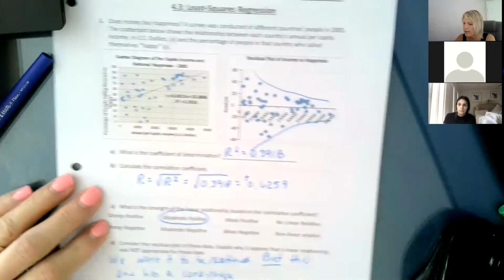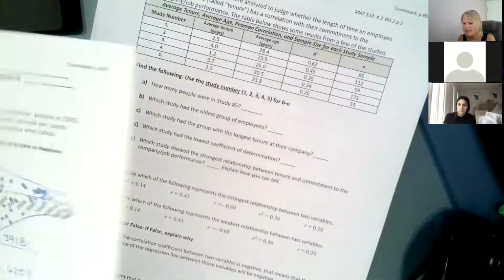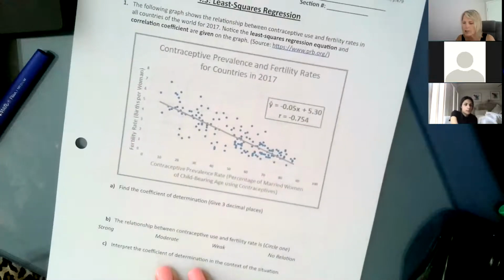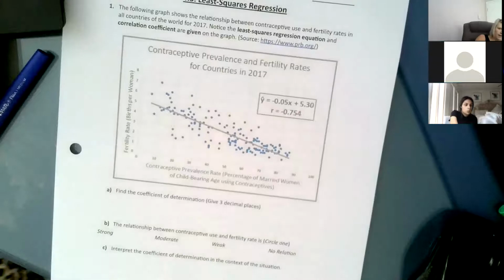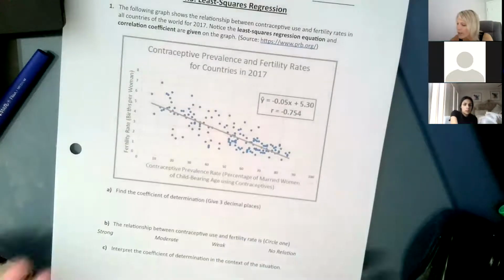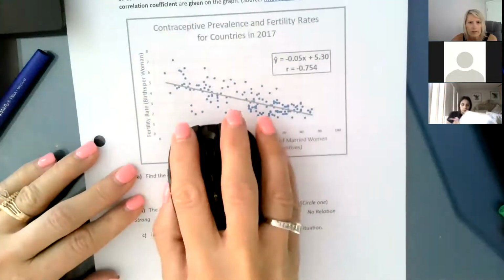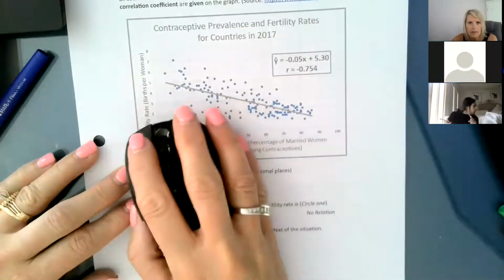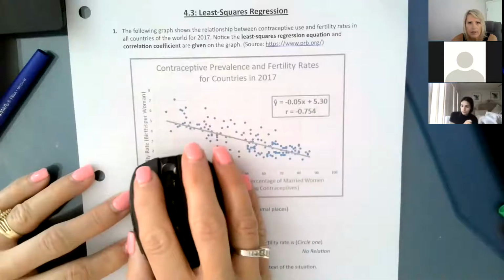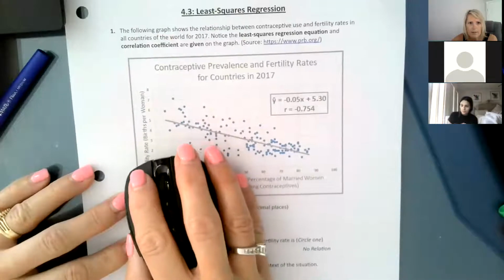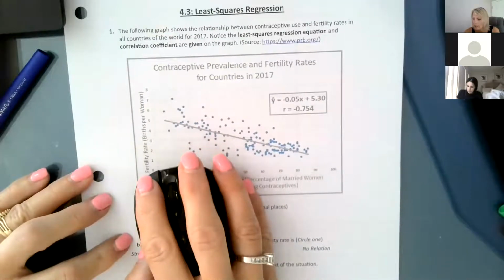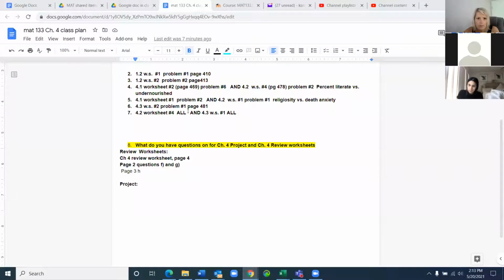So let's go back. I don't know what I have listed on the last thing on the Google Doc. I'd actually like to just go forward to 4.3 worksheet number 1. It's on page 479 on contraceptive versus fertility rates. Okay. I'm going to change this in the Google Doc real quick.